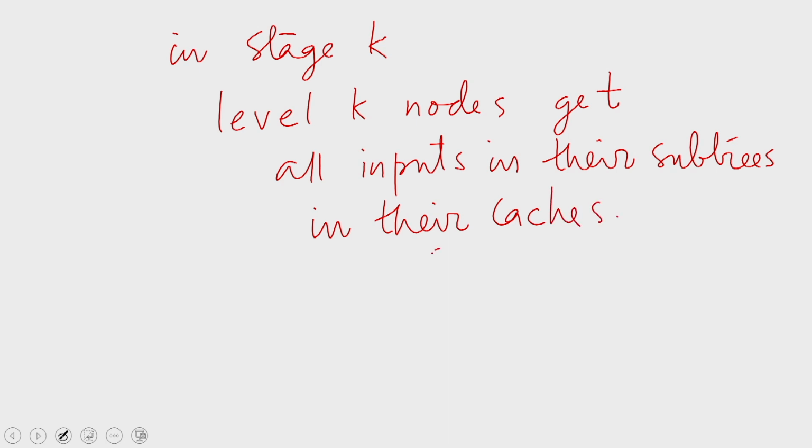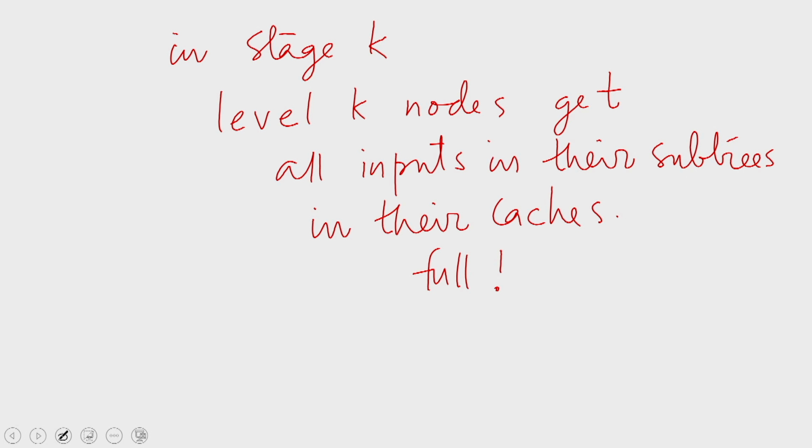In other words, these nodes are full. That establishes the induction. So, what we have shown is that at the end of the 3kth stage, every node at level k has got its cache full.